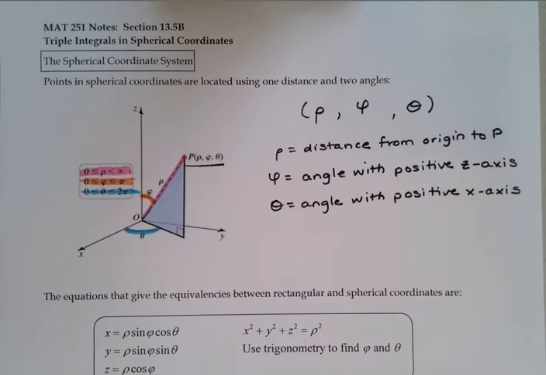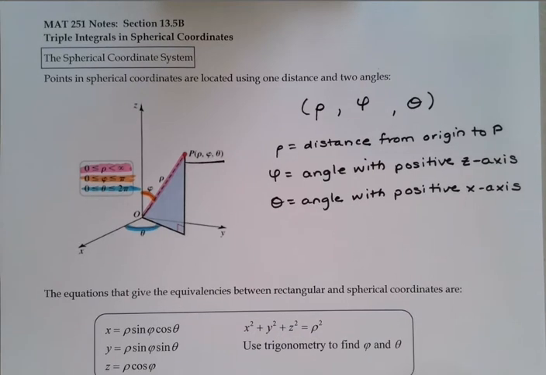There are, of course, equations that allow us to transition between rectangular and spherical coordinates. Just for the amount of time we have, I'm not going to spend the time in this course trying to figure out where those came from or proving them. If you're interested, I would recommend that you read in your book where they do give you the geometry of these conversion equations.